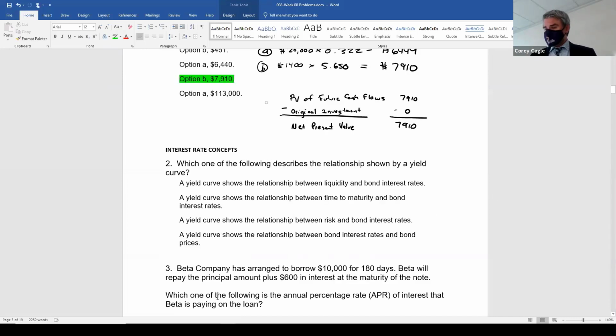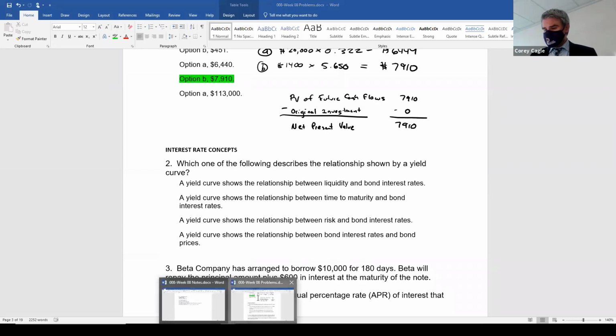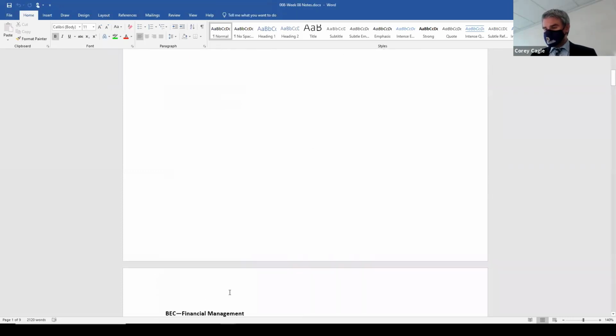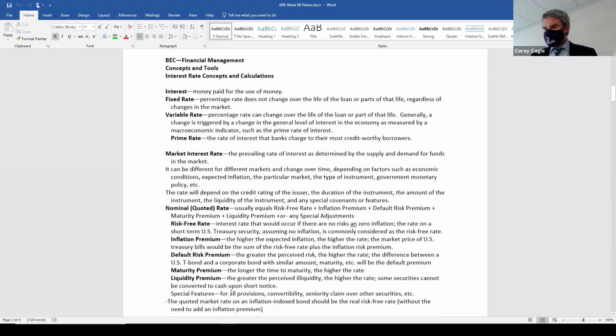All right. Okay, interest rate concepts. Good, useful stuff here. Everyday stuff, a lot of it. Not everyday stuff for some of it, though. So we know what interest is. We're paying for being able to use somebody else's money, right? They charge us interest. That is the cost of using money of somebody else's. We know what a fixed rate is. We know what a variable rate is. That's pretty basic stuff.